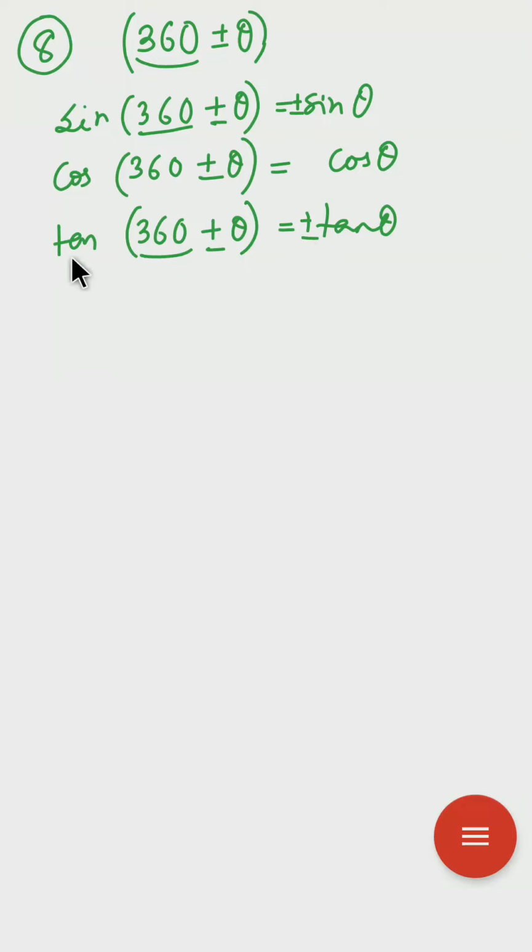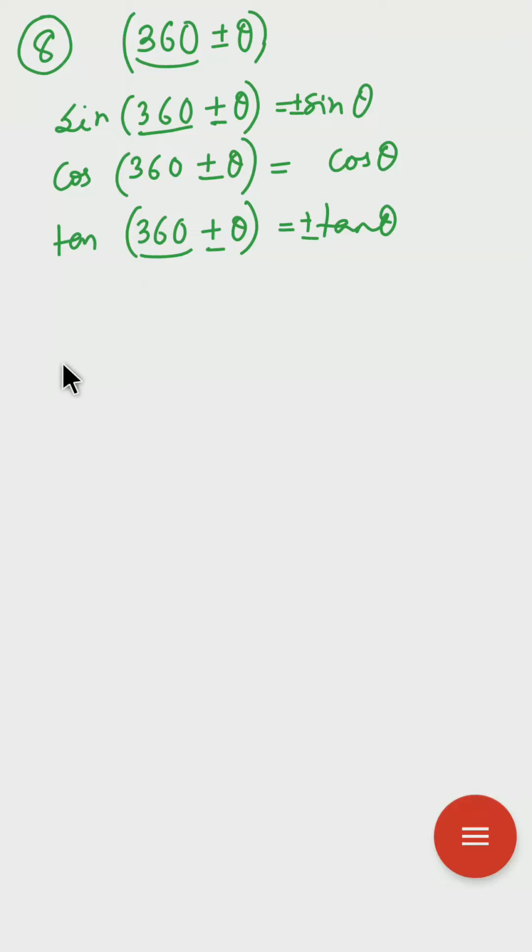Which means tan of 360 plus theta is plus tan theta, and tan of 360 minus theta is minus tan theta. Similarly, we can find out the other trigonometric ratios like cosec 360 plus minus theta, sec 360 plus minus theta, cot 360 plus minus theta, which are pretty easy and can be found out from these formulae.